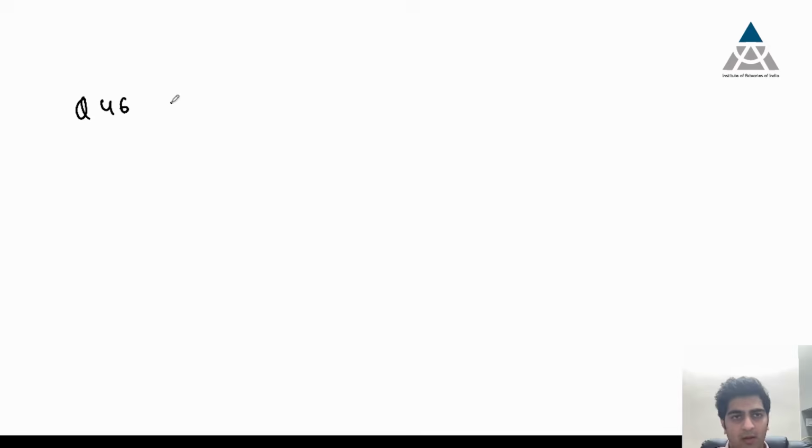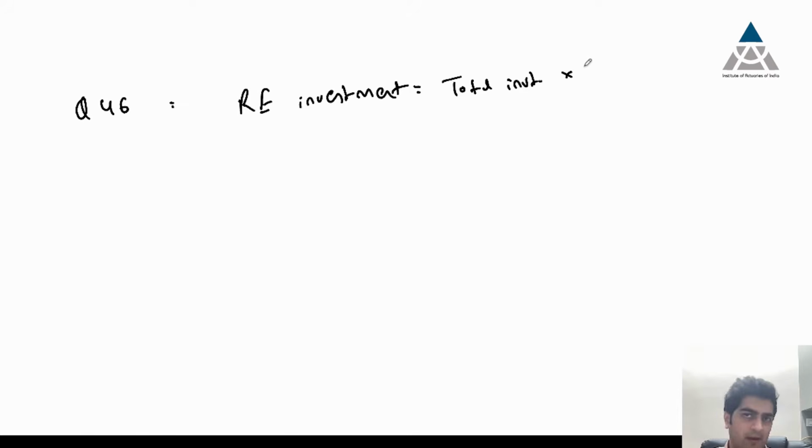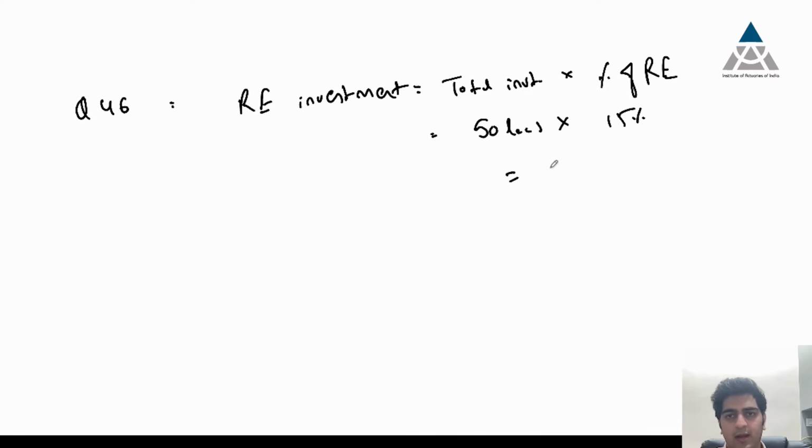So all we need to do is calculate the real estate investment, which would be the total investment multiplied by the percentage share. So 50 lakhs into 15%, and you get 7.5 lakhs.